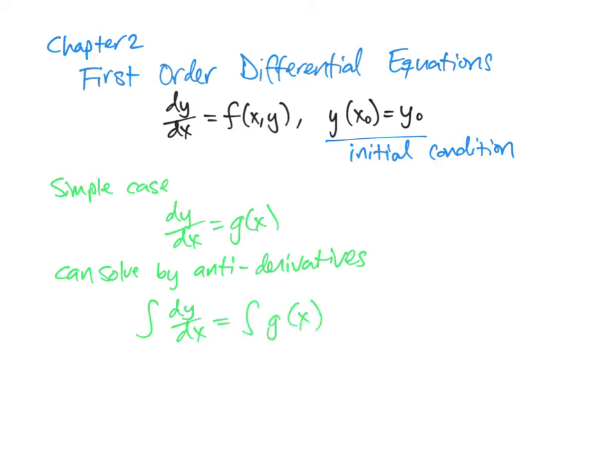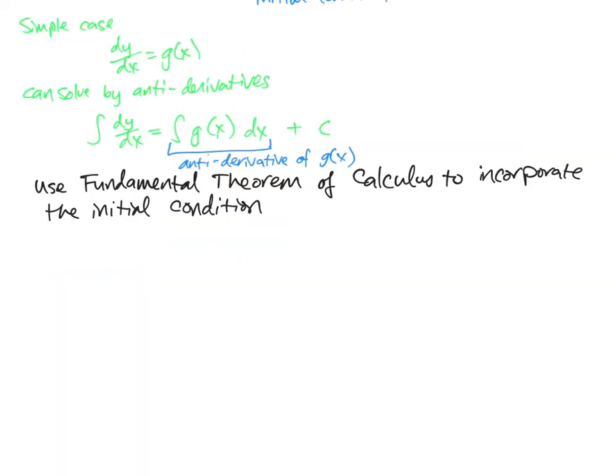And of course, we want to integrate with respect to x, and we know that we're going to get a plus a constant. So this quantity right here is the anti-derivative of g of x.